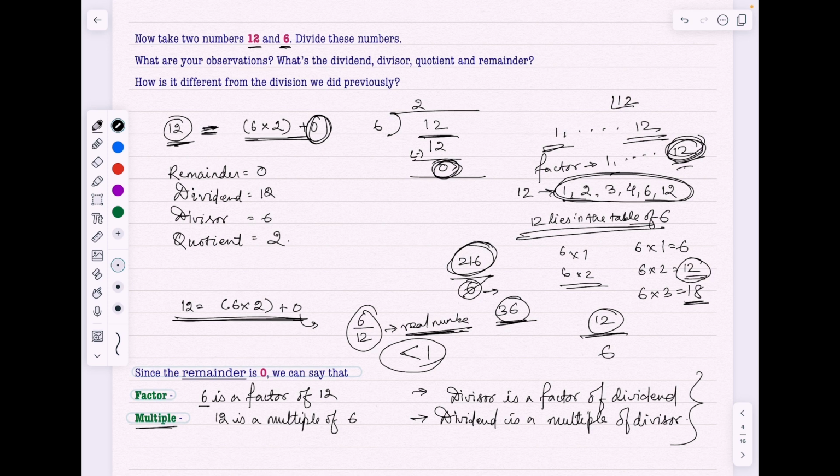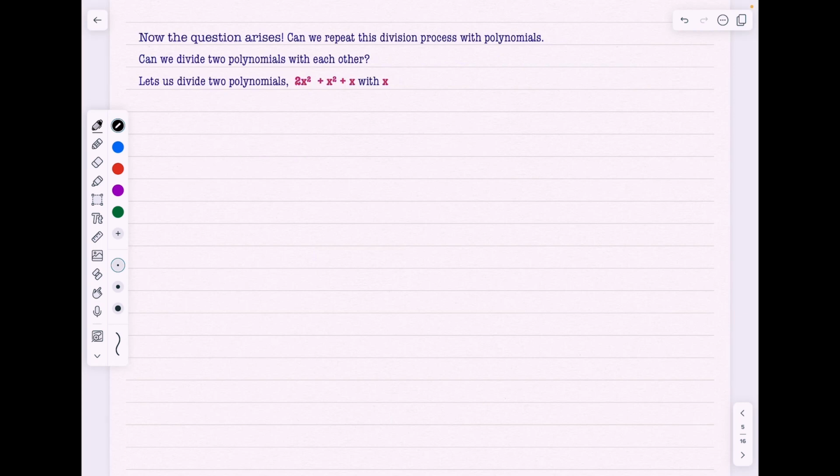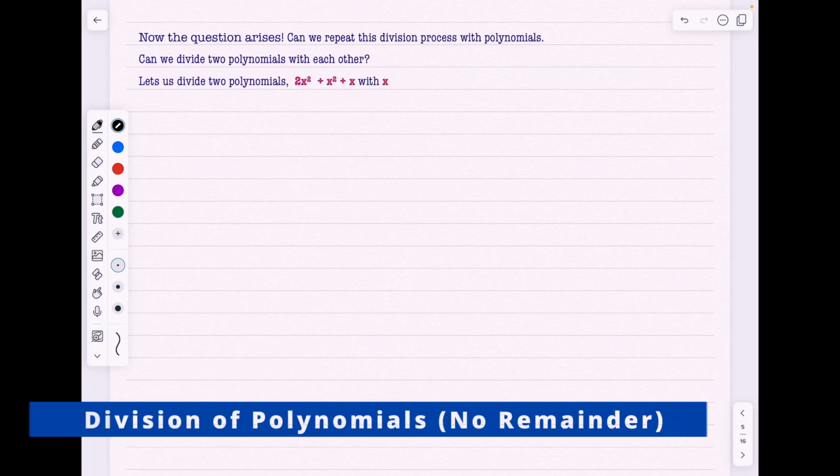So that is factor and multiple, and it happens only when the remainder is 0. Getting it? Only when the remainder is 0, we can tell that the dividend is a multiple of the divisor or the divisor is a factor of the dividend. In other cases, we cannot. Are you getting it?